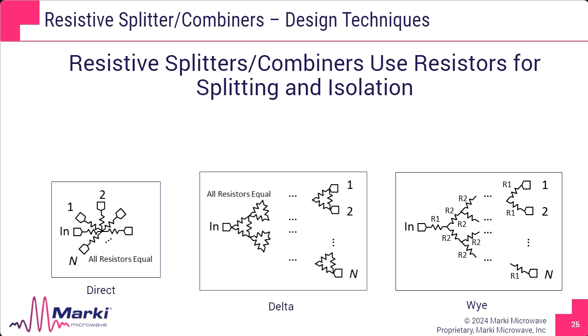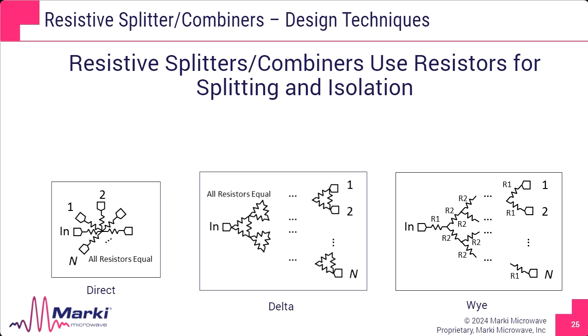Additionally, isolation is only provided through resistors, so typically for low splits, it's equal to the insertion loss itself. Sometimes you'll achieve better isolation, sometimes you'll achieve slightly worse, depending on which paths you're looking at, but it's typically around the same as your insertion loss.